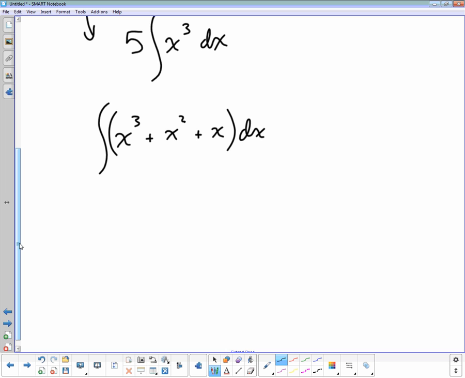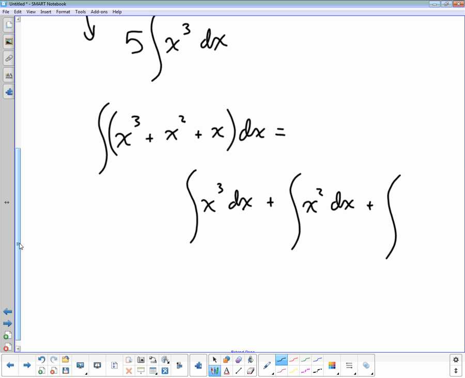So, one other thing that we saw was that I can take this guy and I can split him up into separate terms. The sum of the integrals is equal to the integral of the sums.